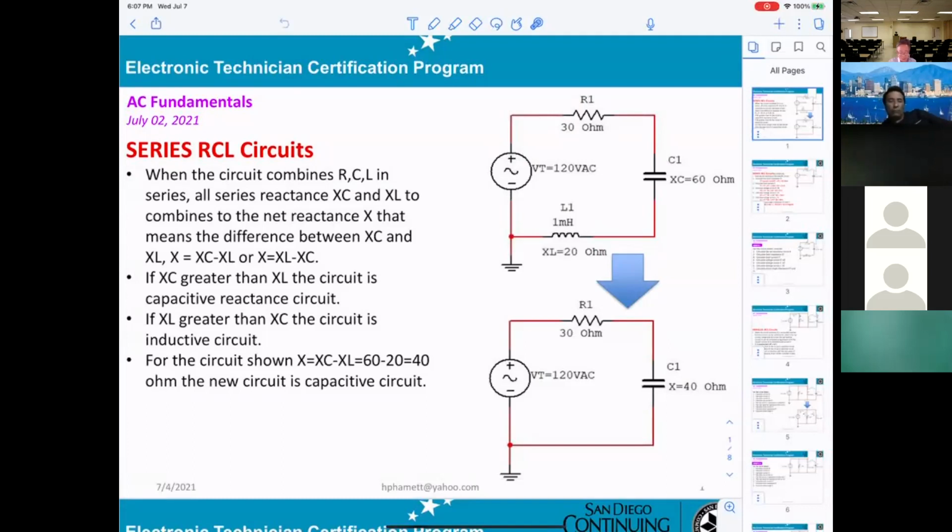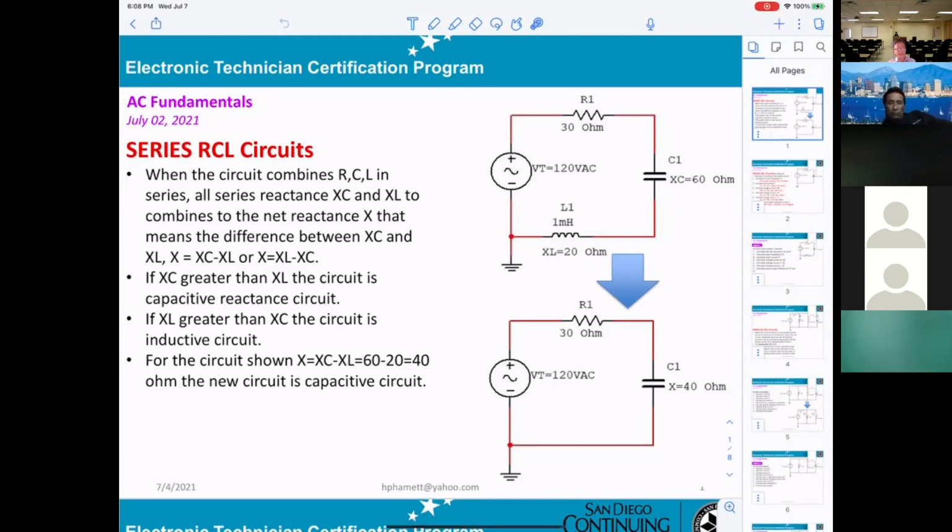Okay, now first thing we're talking about is RCL series. You're looking into this circuitry here: R equal 30 ohm, XC 60 ohm, XL equal 20 ohm.